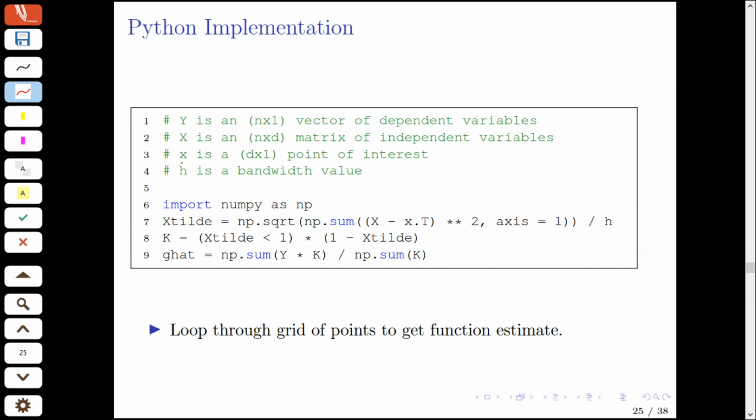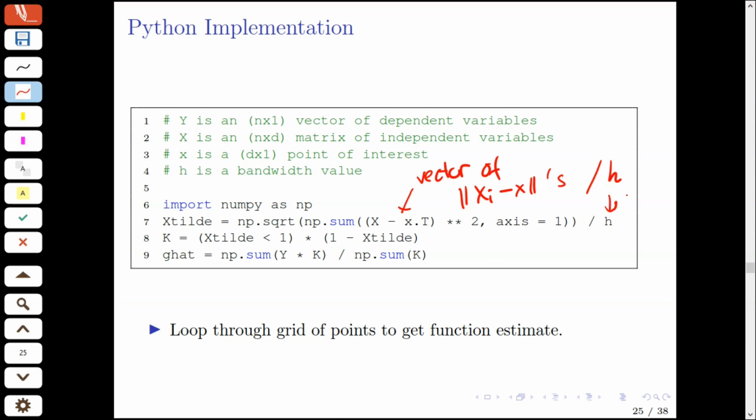Then what's going on here is that we are calculating the vector of distances from our point of interest, one for each observation i, and then deflating by the bandwidth.